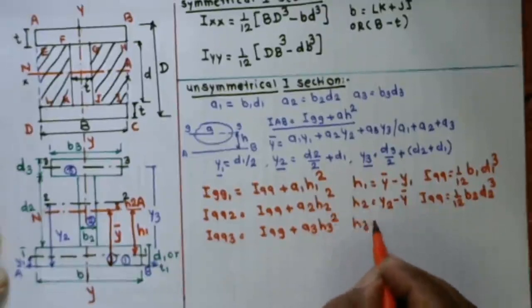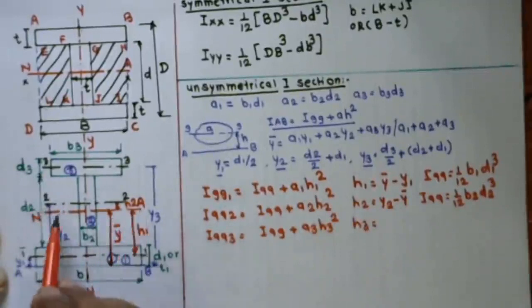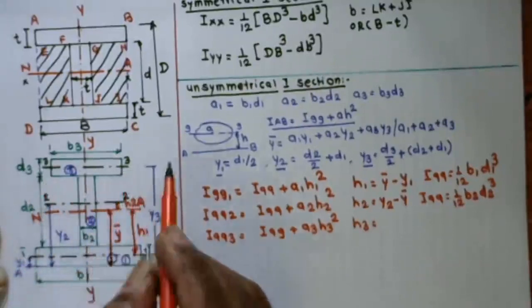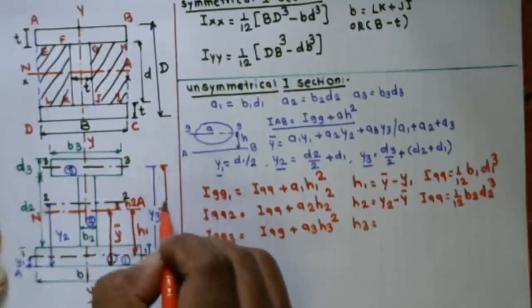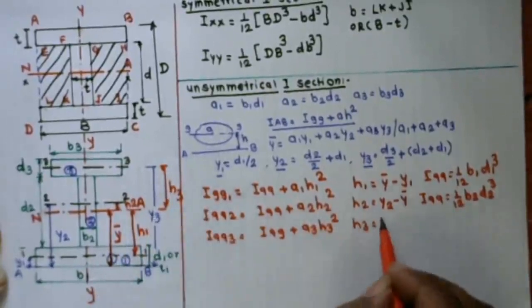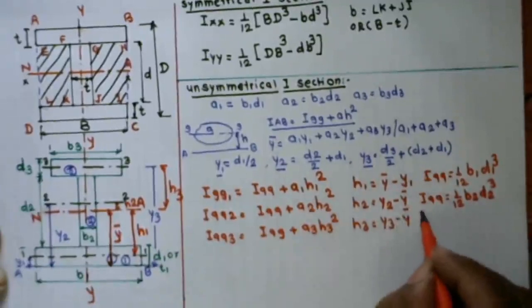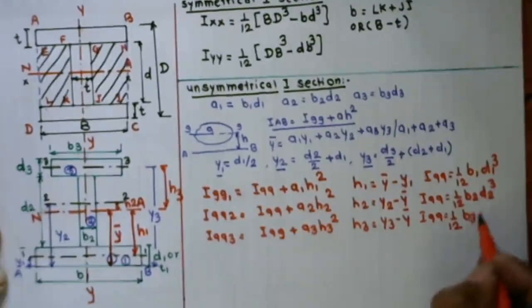Here h3 is the distance between the neutral axis and the axis passing through figure number 3, so h3 is equal to y3 minus y bar, and Ig3 is equal to 1 by 12 b3 d3 cube.